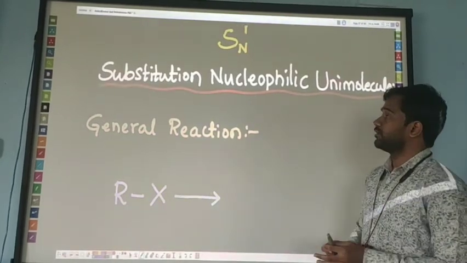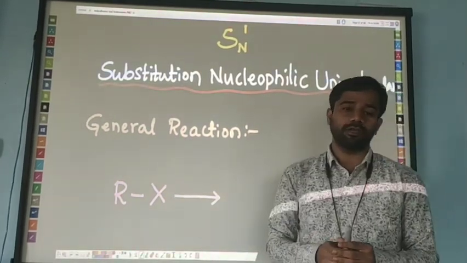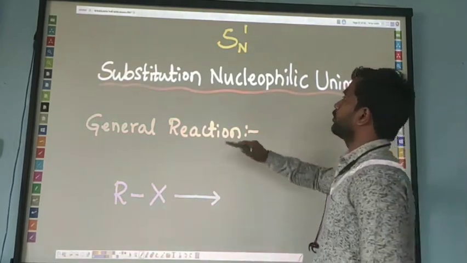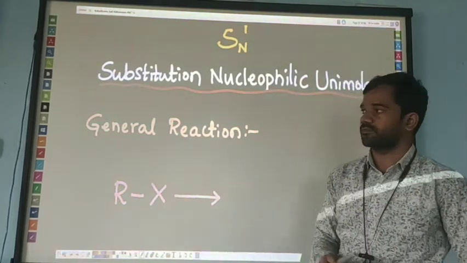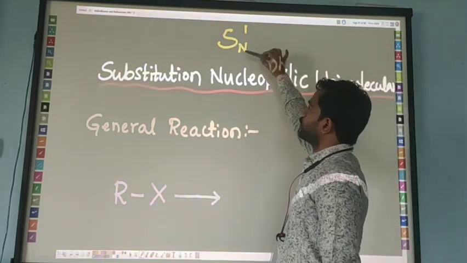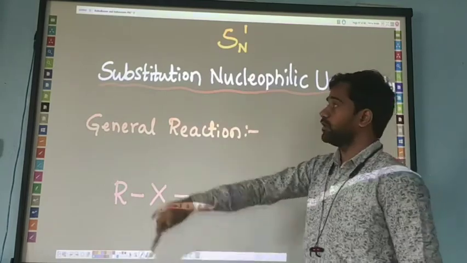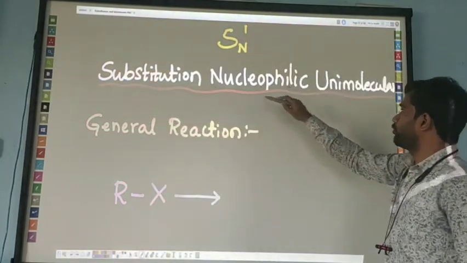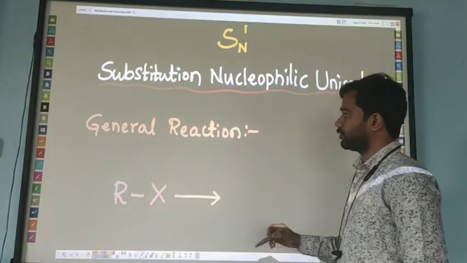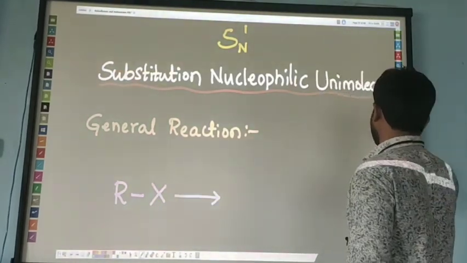So let us see the first chemical property, nucleophilic substitution reaction, known as the SN1 mechanism. Okay, what is SN1? It is known as unimolecular nucleophilic substitution reaction, or substitution nucleophilic unimolecular. Let's see the general reaction of this SN1 mechanism.